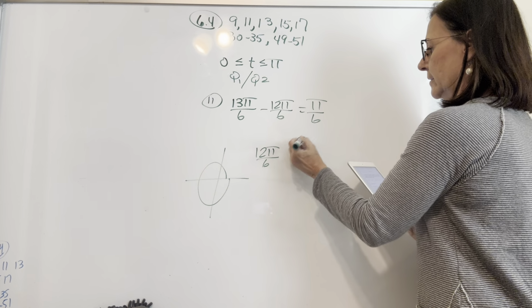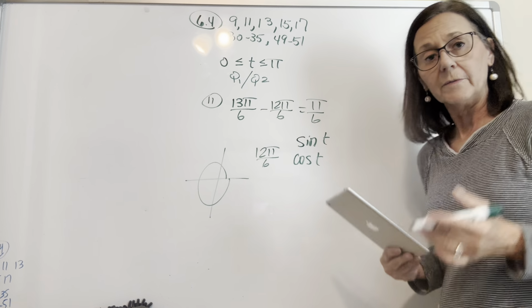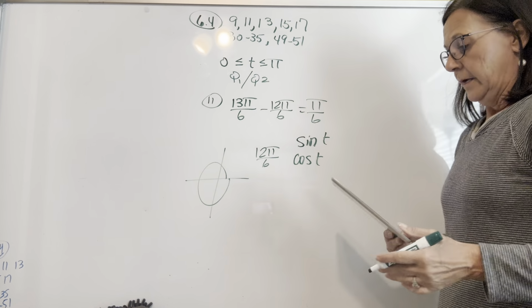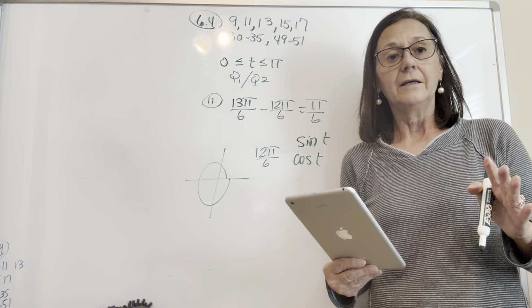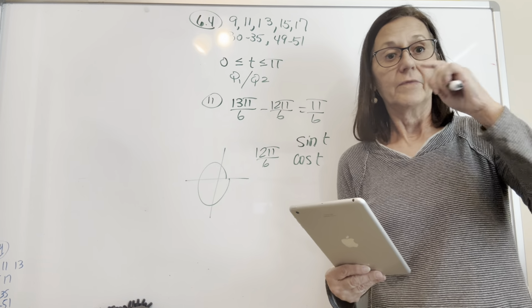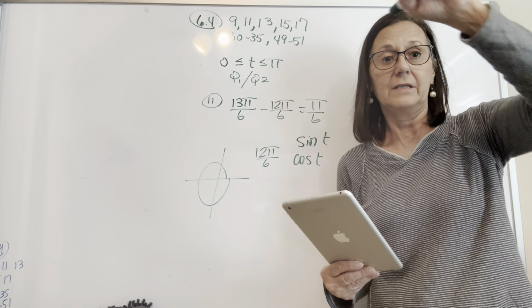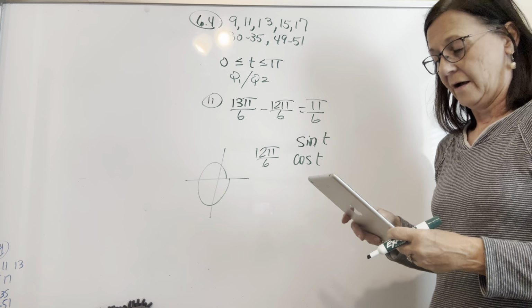So now we want the sine of t and the cosine of t. They're both going to be positive because they're in the first quadrant. Okay, remember, the cosine counts down from 1, 3, 2, 1, 0. The sine counts up.